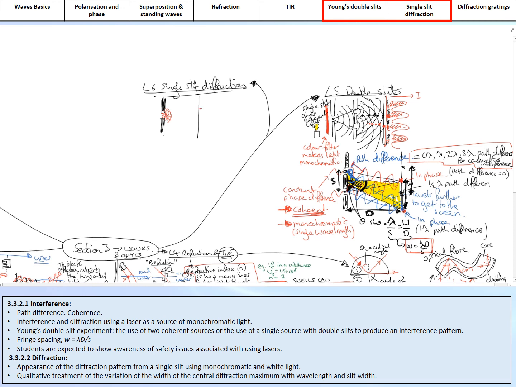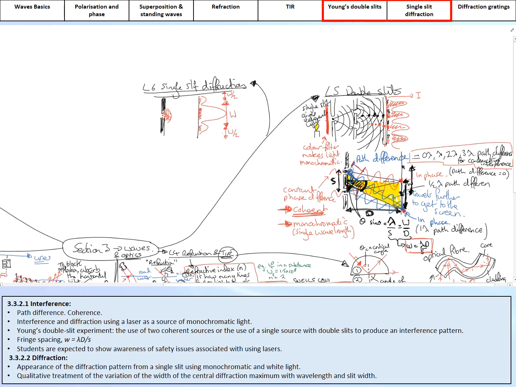Anyway, the end result is that we do have bright patches and dark patches like we did before. But this time, the width of the central fringe here, W, is twice the width of the ones in other parts.